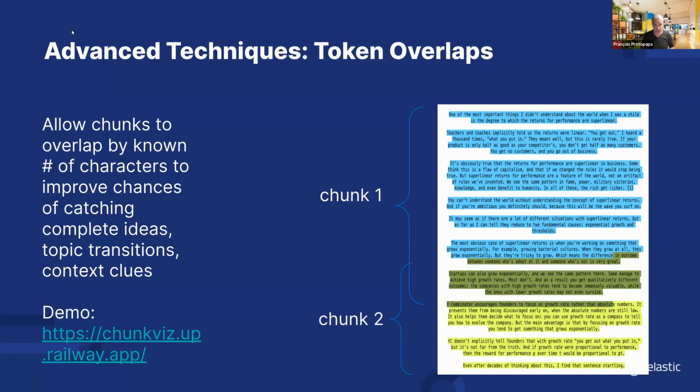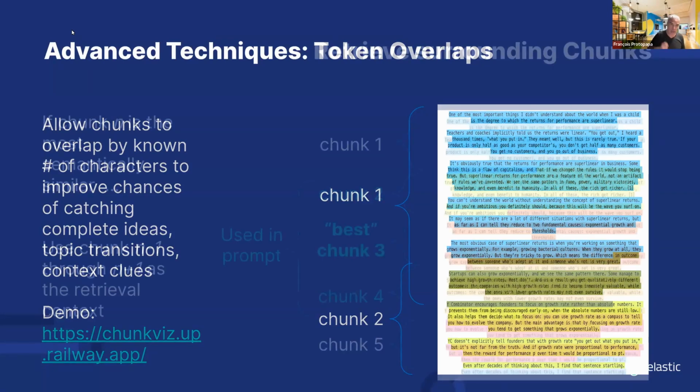As you see in the graph here in the slide, you have a typical example of two chunks that have an overlap. In the slide, you also see a link to a really great demo that puts into practice this application of token overlapping, adopting different tokenization methodologies.